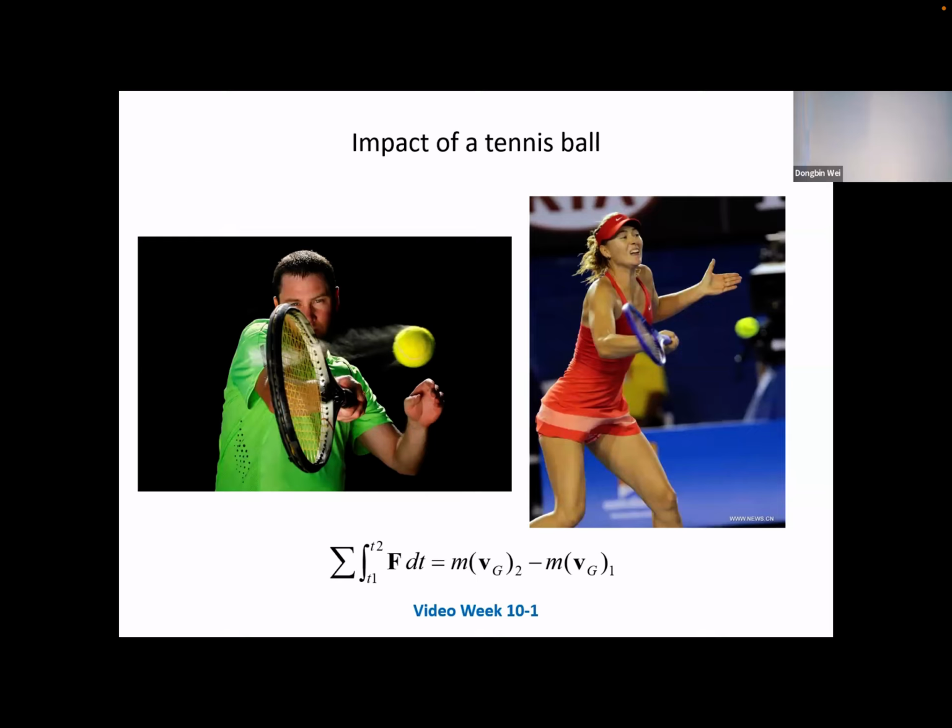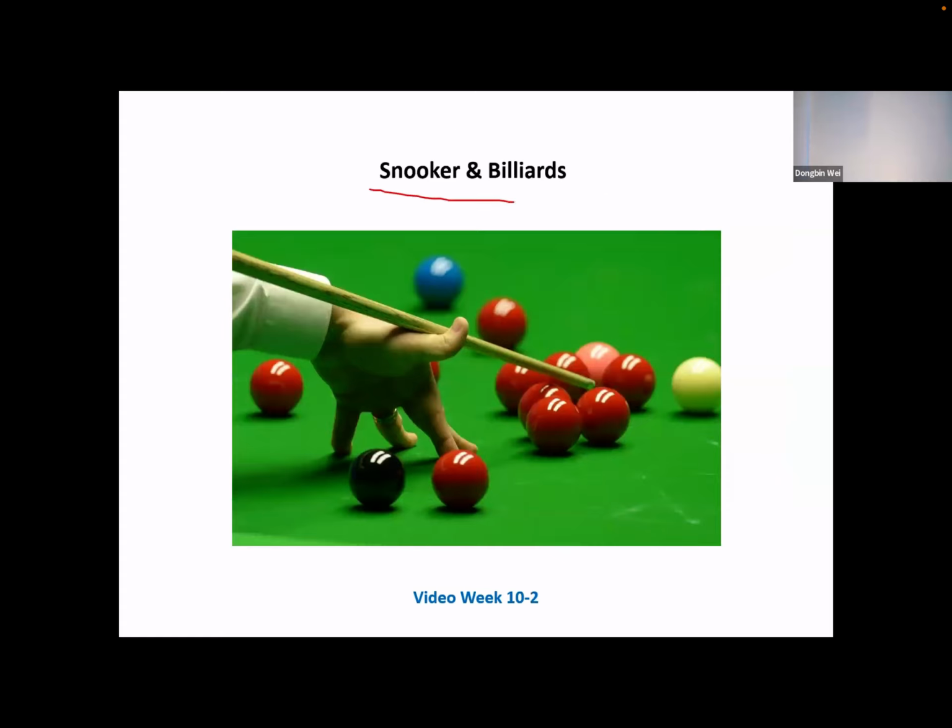For example, to work out the velocity of a tennis ball after the racket hit, we can use this equation, the linear impulse and momentum principle. Also in snooker and billiards, if we would like to calculate the velocity of a ball after impact, you also can use the linear impulse and momentum principle.